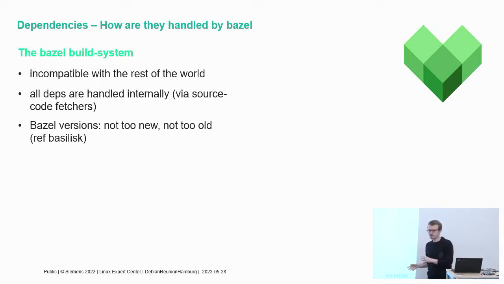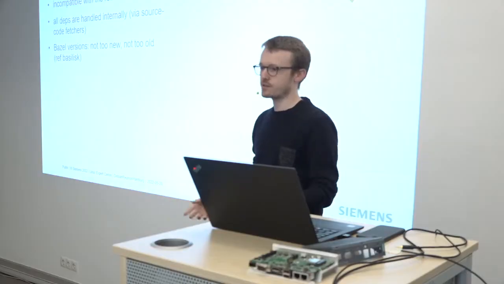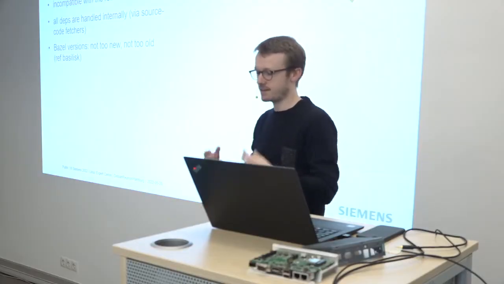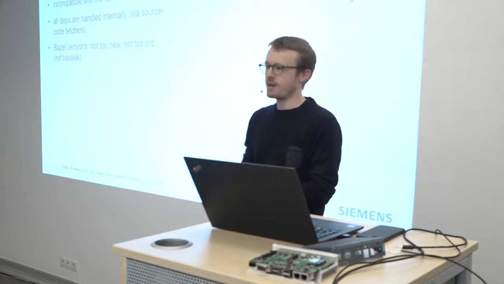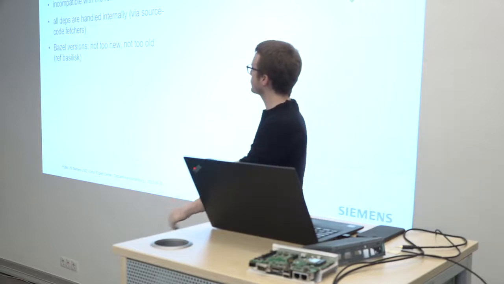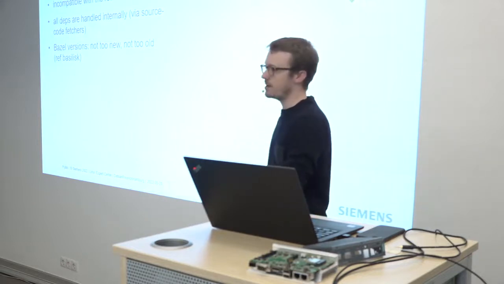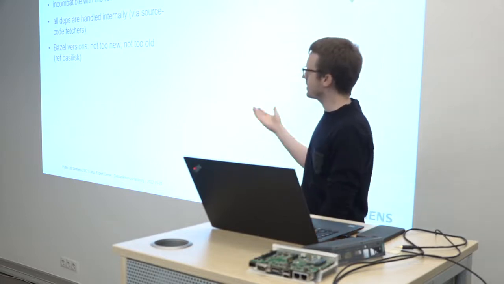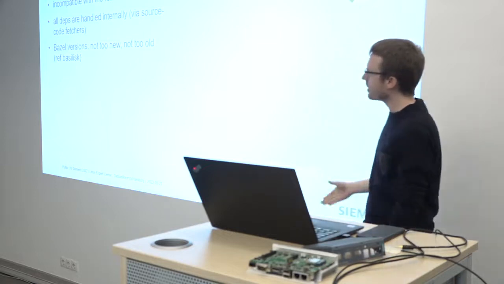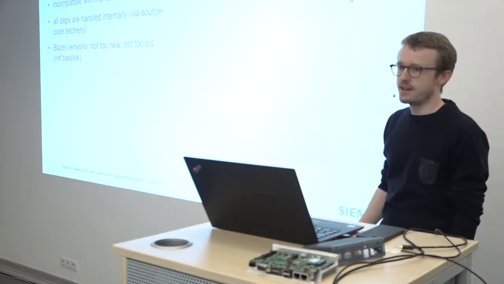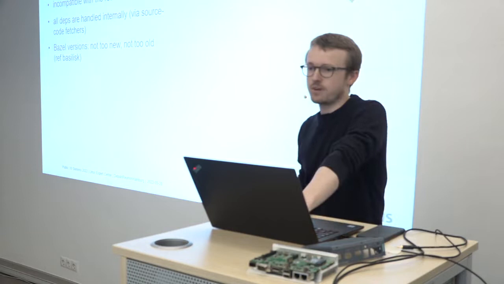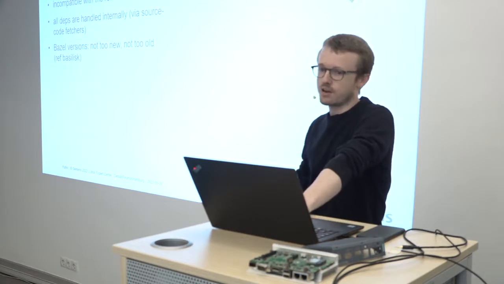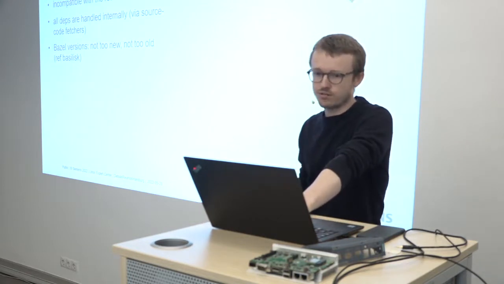So you cannot simply say, please use the libraries and headers that are on the system as a dependency and build it for that. No, Bazel fetches everything from sources, even including compilers if you think about cross-compiling, and handles the dependencies internally. Another problem with Bazel is that the versions have to fit quite closely, so you can't use a too new or a too old version.